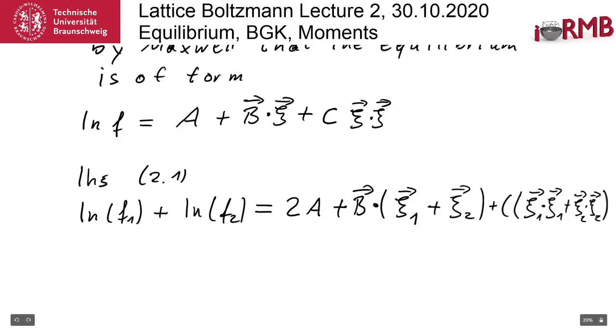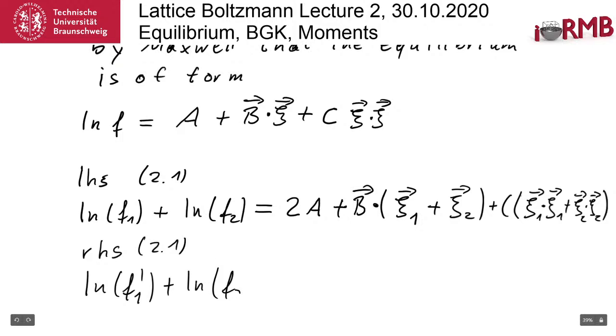Okay, so this is what we have for the left-hand side, and suppose we look at the right-hand side of 2.1, then of course we have the entire thing after collision, which looks like this. The constant was obviously independent. Then we have something like b, and now this goes with the velocities after the collision.